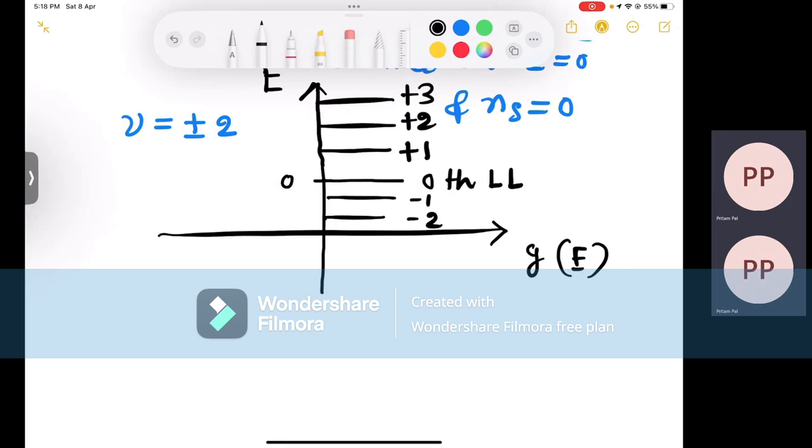But when you draw them on the carrier density scale, using this n_s, the zeroth Landau level would actually be separated by plus minus 2, as I already mentioned.